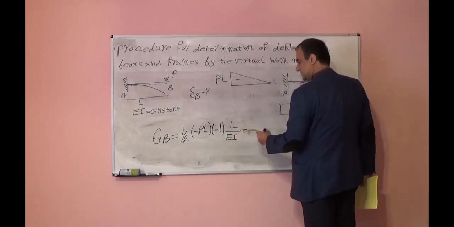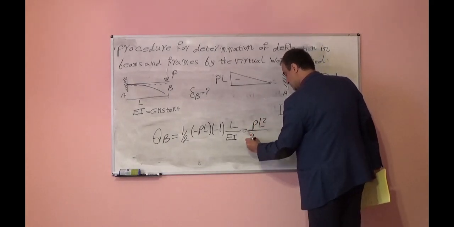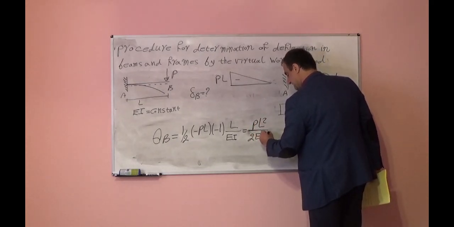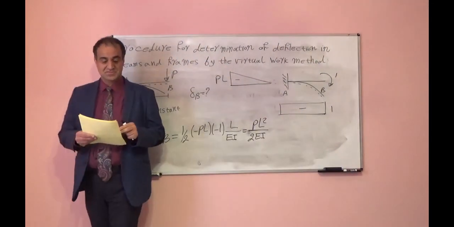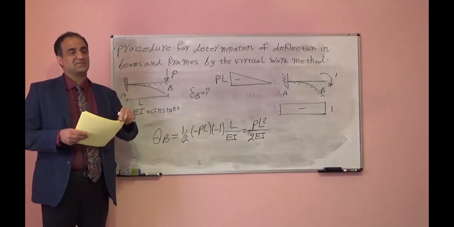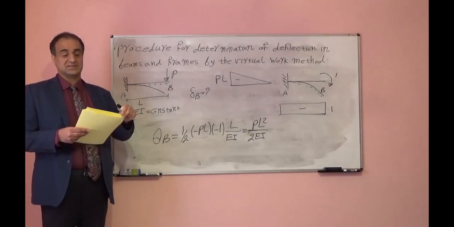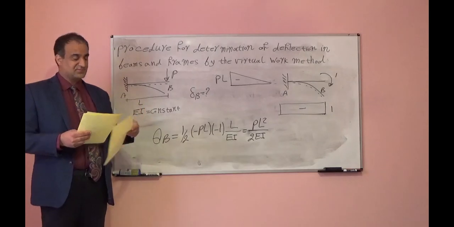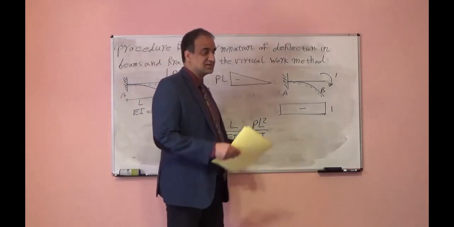So here the slope will be PL squared over 2EI. So you can use those tables instead of integration. If you remember, I solved this example using integration expression before, but today I used the virtual work integration table.